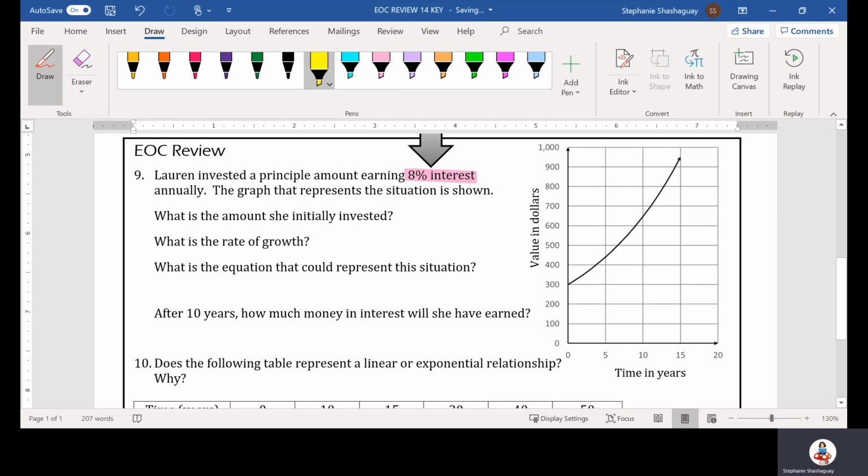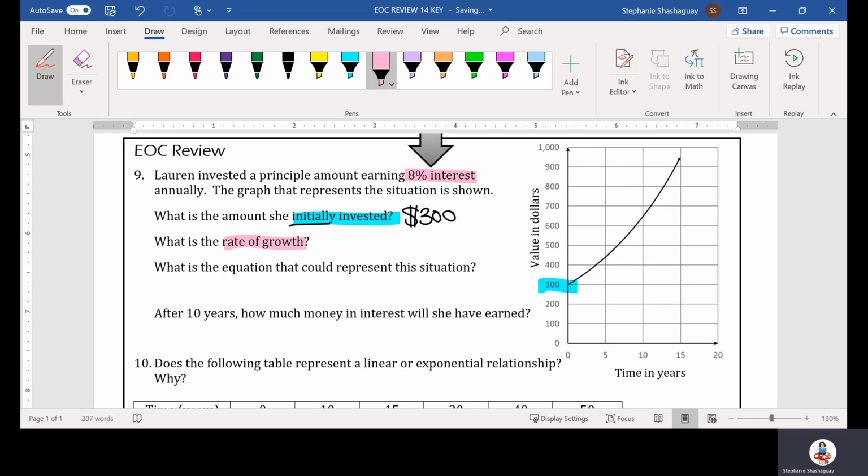Well, the amount she invested initially is going to be $300. Okay, her initial investment is $300. And I can tell that by looking at this graph and seeing where the y-intercept is, because the y-intercept is always your initial amount.